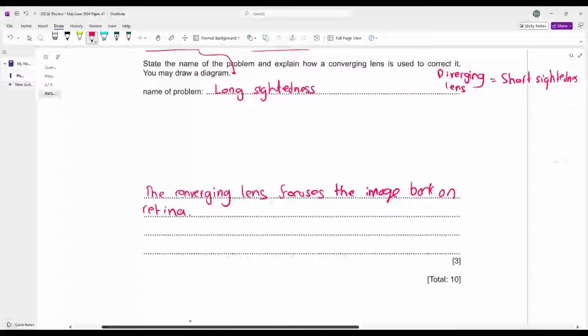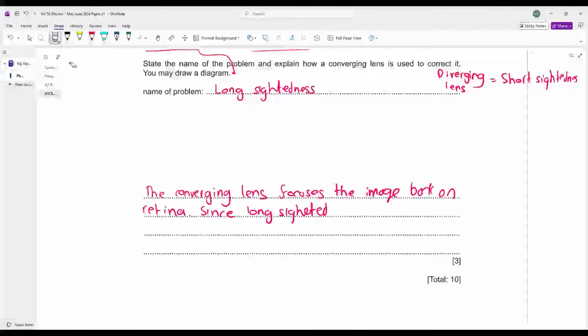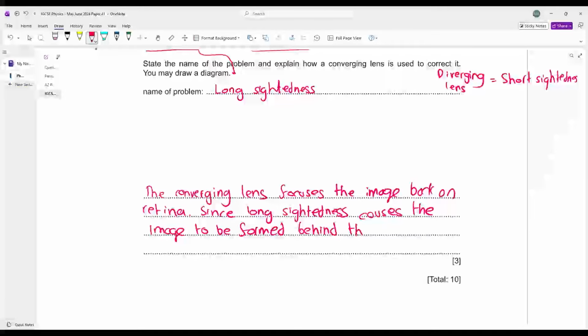Simple. यहाँ पे आप और भी लिख सकते हो since it is a 3-marker question. Since long sightedness causes the image to be formed behind the retina.